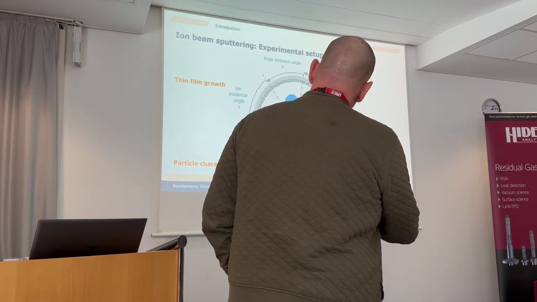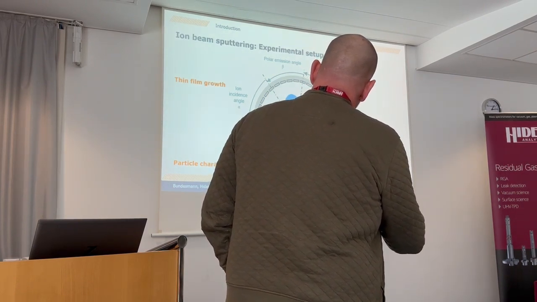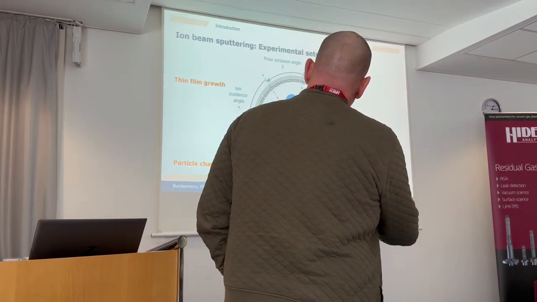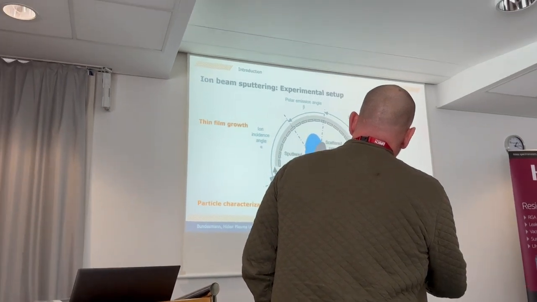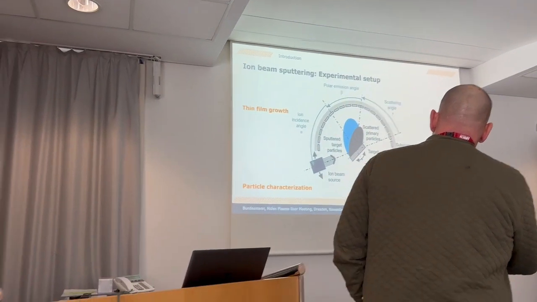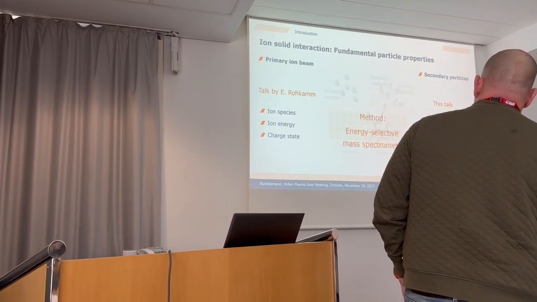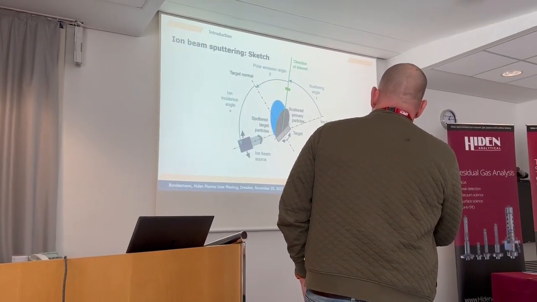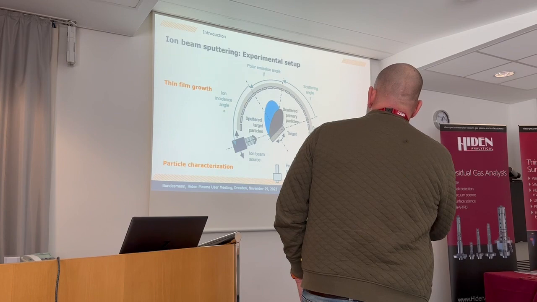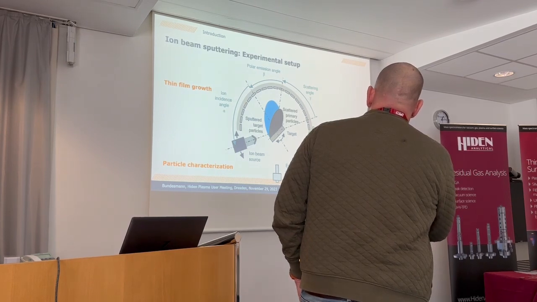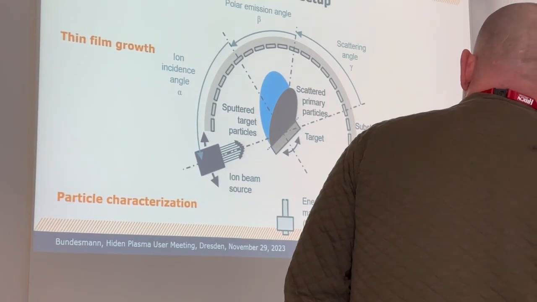We have here a semicircular target holder, so we can place a target every 10 degrees. So simultaneously, with one experiment hitting the target, we can have several samples for different emission angles and scattering angles.